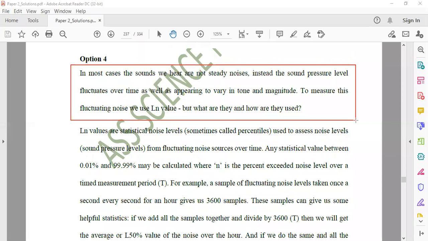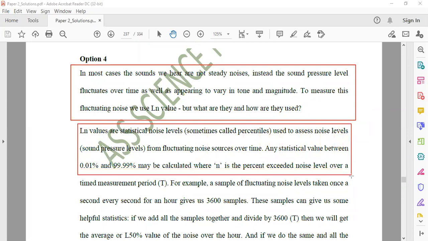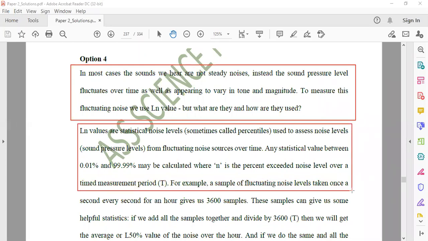To measure this fluctuation, we use Ln values, but how are they used? Ln values are basically statistical noise levels, sometimes called percentiles, used to assess the sound pressure level from fluctuating noise sources over time. Any statistical value between 0.01% to 99% may be calculated, where n is the percent exceedance noise level over a time measurement period t, right? If we talk about L1, it is 1% of the total observation time, L10 is 10% of the total time of observation, then L50, then L90, something like that.